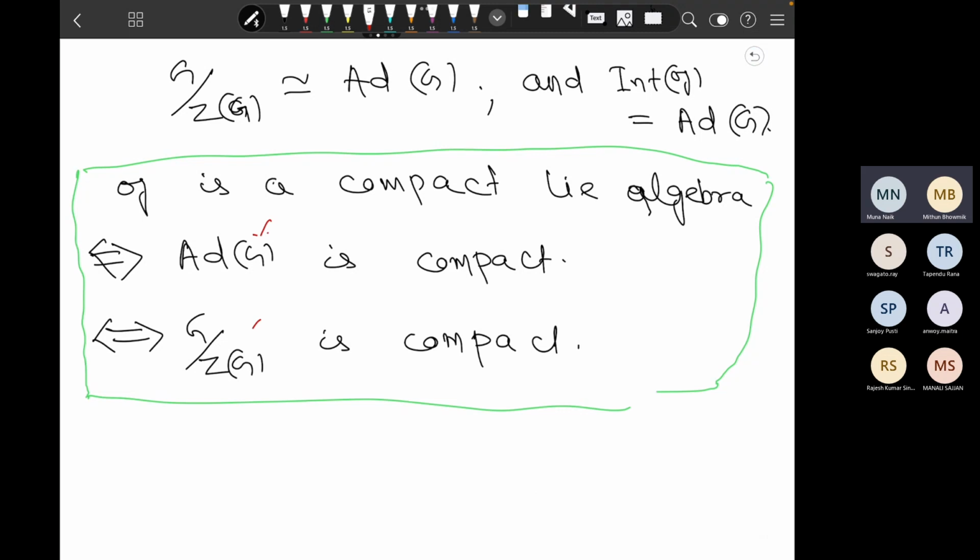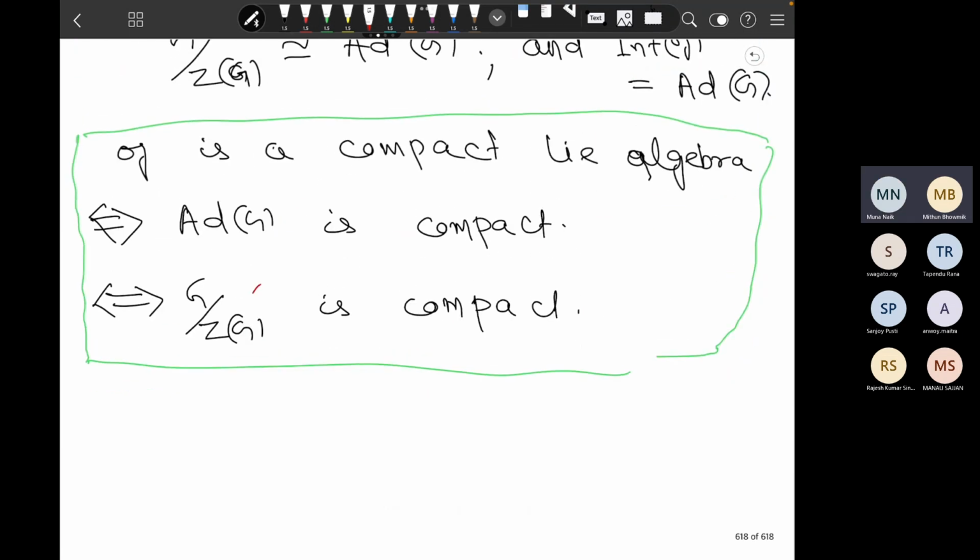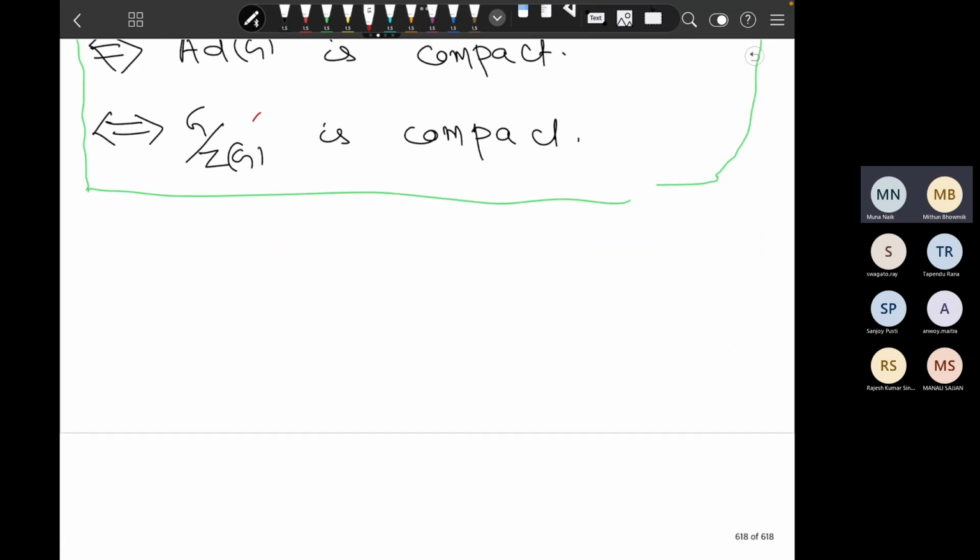But if there is an ambient group, then it is easy to determine whether this small g is a compact Lie algebra or not. So, corollary, or observation. Let us write corollary.